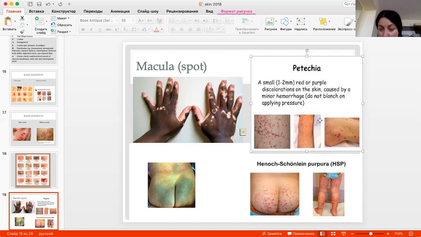These maculas, which are called petechia, are reddish, and then purple, and then blue. Tomorrow it will be reddish, the day after purple, after 3 days blue.